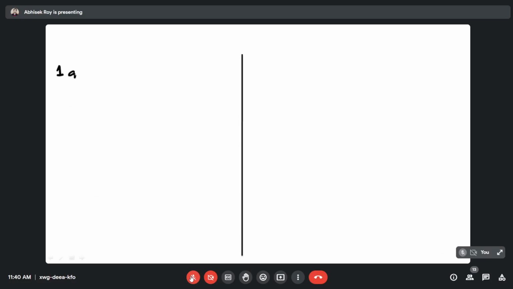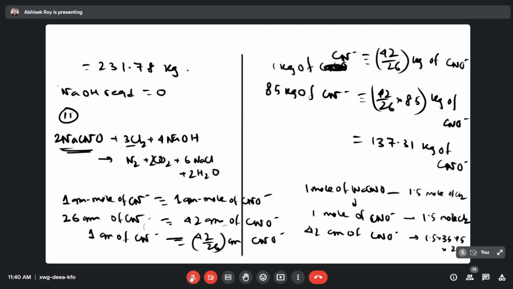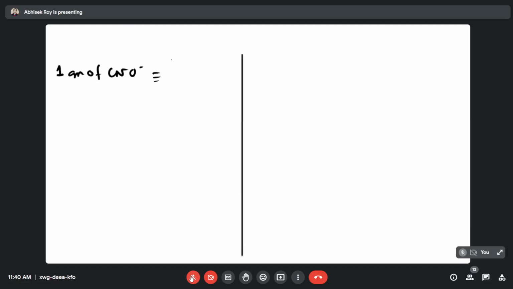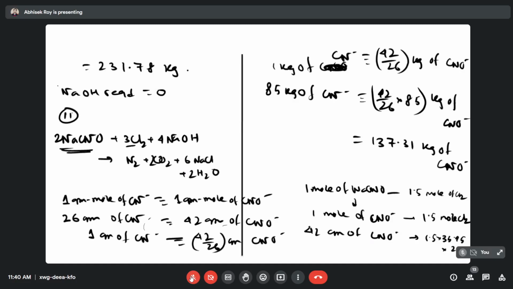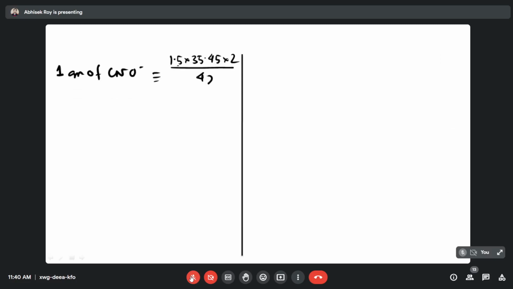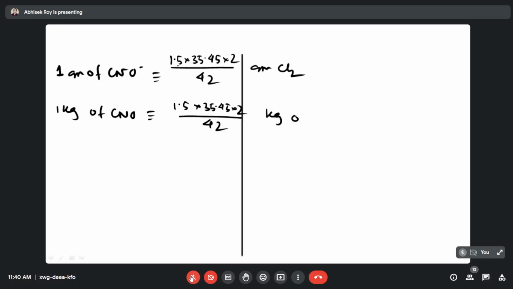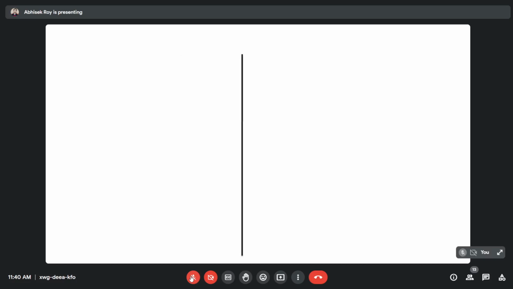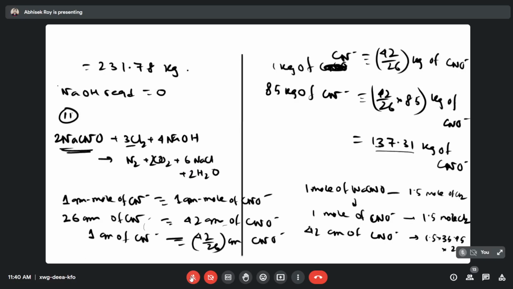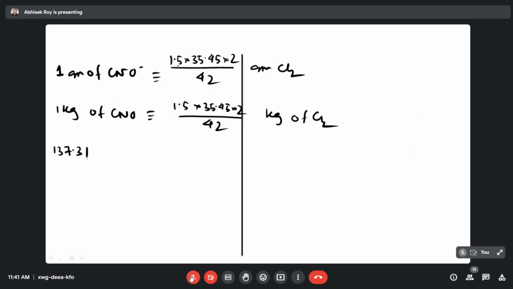So এখান থেকে পাবো যে 1 গ্রাম অফ CNO জন্য কতটা Cl2 লাগবে, that will be 1.5 into 35.45 into 2 divided by 42, এত গ্রাম Cl2 লাগবে। তাহলে 1 কেজি অফ CNO এর জন্য কত লাগবে? সিমিলারলি 1.5 into 35.45 into 2 by 42 কেজি অফ Cl2 লাগবে। সো 1 কেজি অফ CNO এর জায়গায় এবার আমি যদি 137.31 ইউজ করি, 137.31 kg of CNO is required how much amount of Cl2?